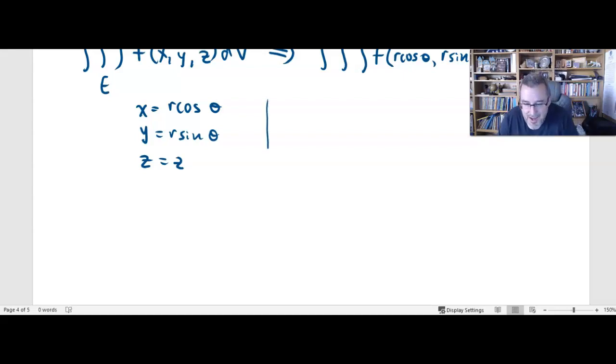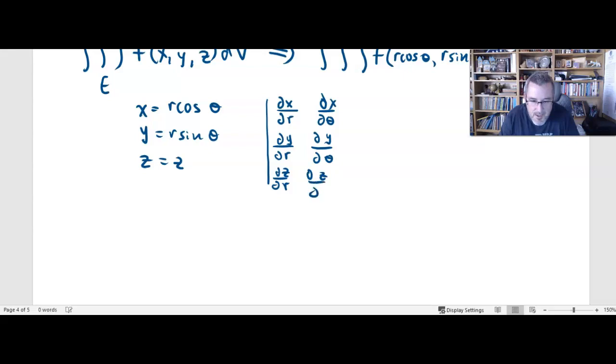So that means we would have a Jacobian that would have this. We'd have a partial with respect to r for each of the three relationships. We would have a partial with respect to theta for each of the three relationships. And we'd have a partial with respect to z, because notice x, y, z becomes in terms of r, theta, and z in cylindrical coordinates.